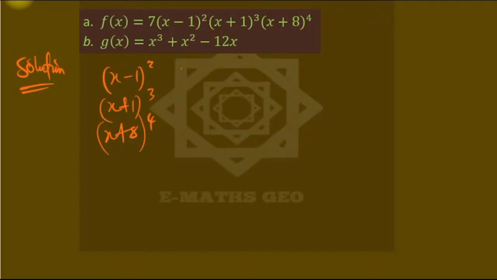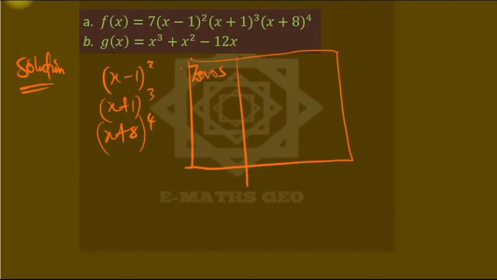So the zeros, I'm talking about the first one, the zeros are 1, minus 1 and minus 8, while the multiplicity is now the powers. So for the first one it's 2, the second one 3, the third one 4. So that's it.